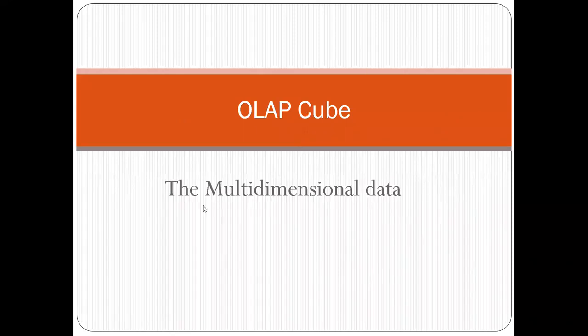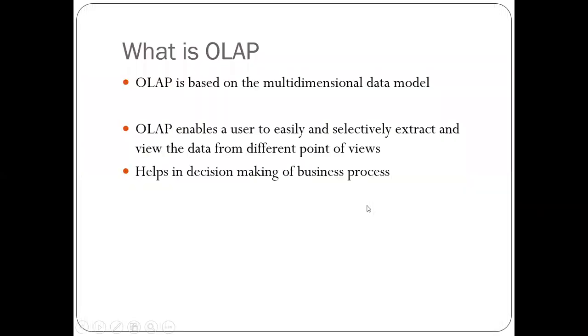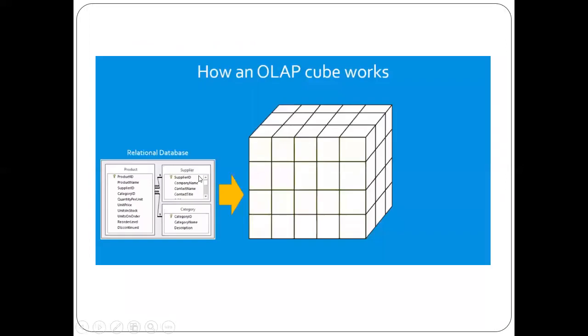See, an OLAP cube is nothing but multi-dimensional data. If you look at here, multi-dimensional data. So OLAP is based on the multi-dimensional data model. It enables a user to easily and selectively extract and view the data from different points of view, for decision making in the business process. The cube is for our reference only.